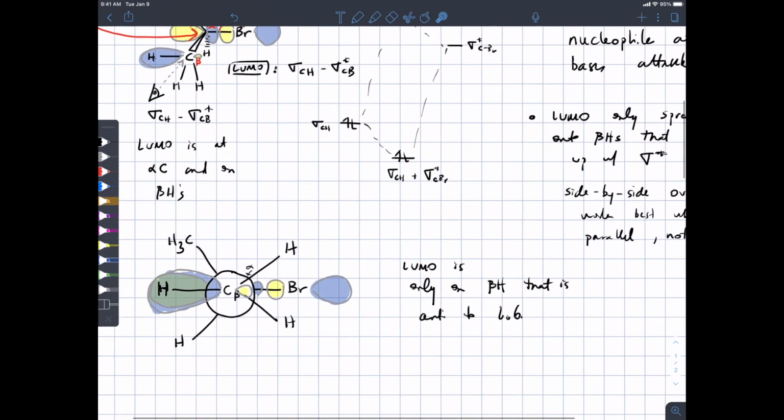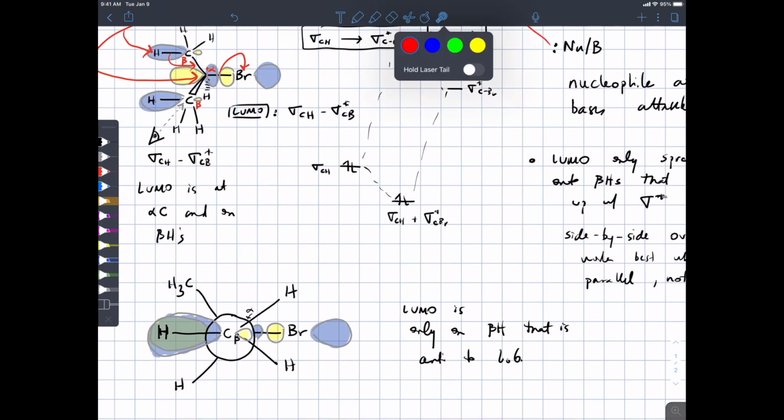All right, there's a lot of questions on the chat that are actually getting ahead of where we are. So let me see if I can address them. Ben, you asked whether, because the bond between beta carbon and alpha carbon can rotate freely, any of those three protons at a given point can be anti to the leaving group. Yes.